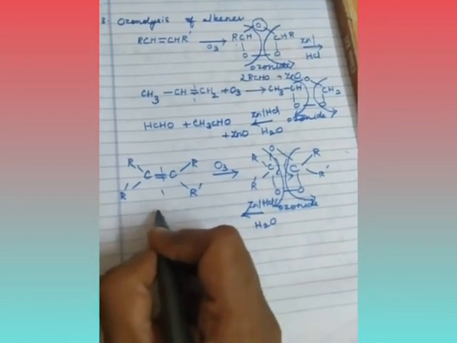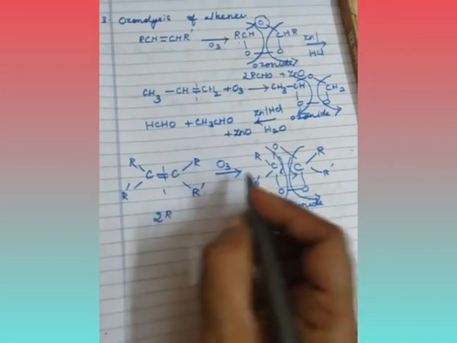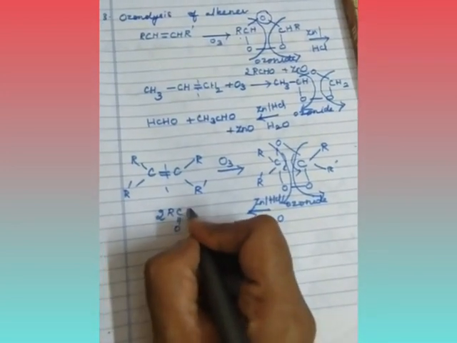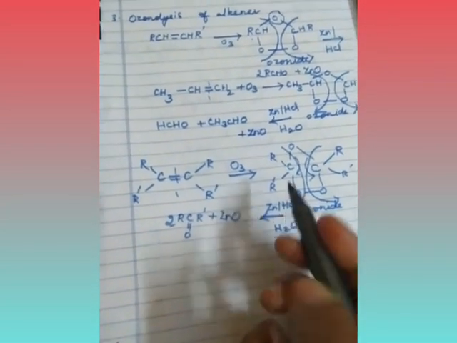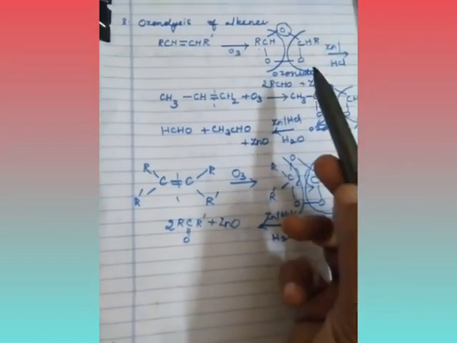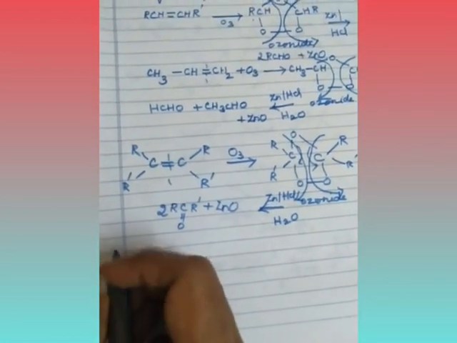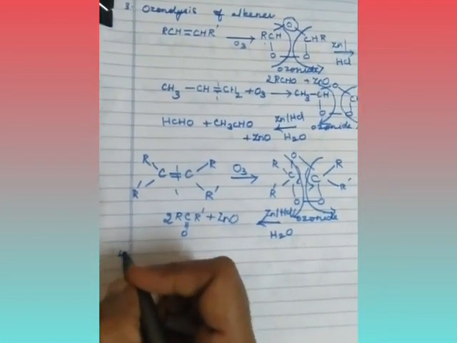So you have two molecules of ketone, R C double bond O R dash, plus zinc oxide. This is the ozonolysis of alkene. So here we are getting aldehyde as well as ketone. Now the last reaction, the fourth reaction we have.